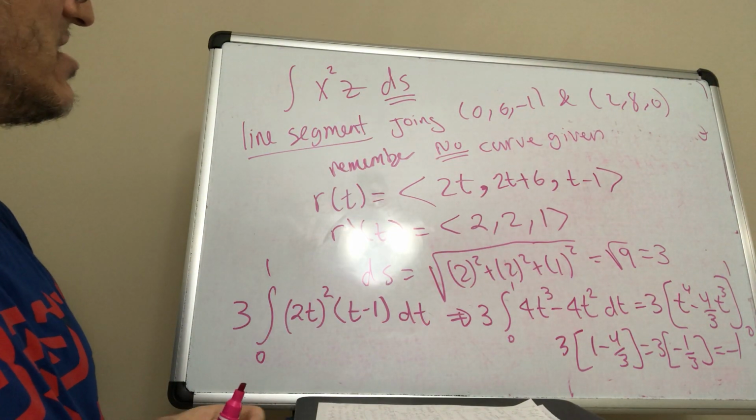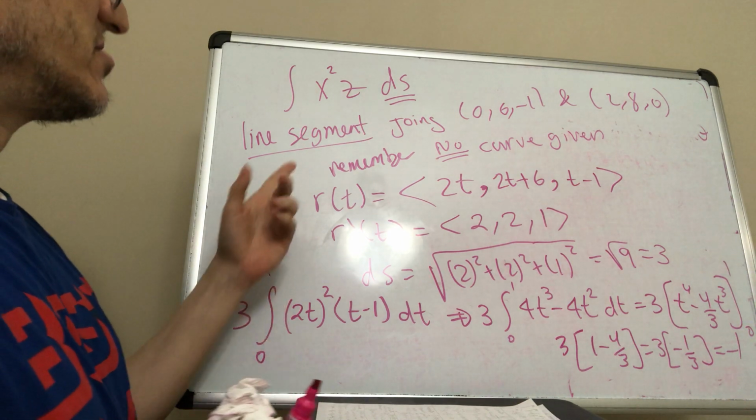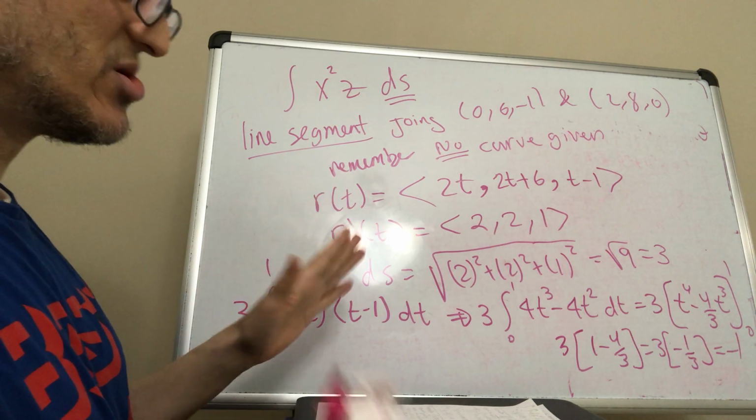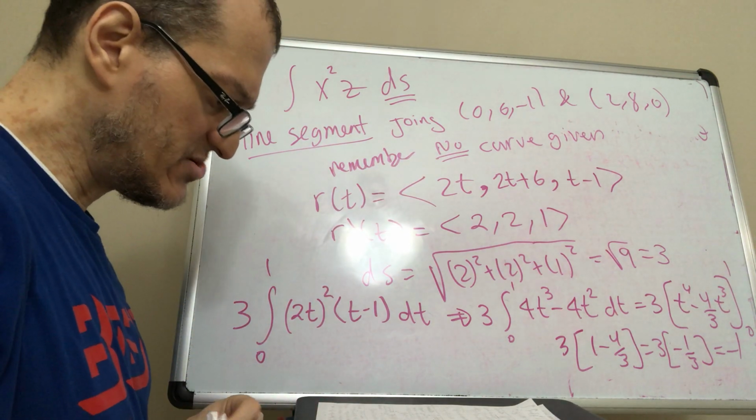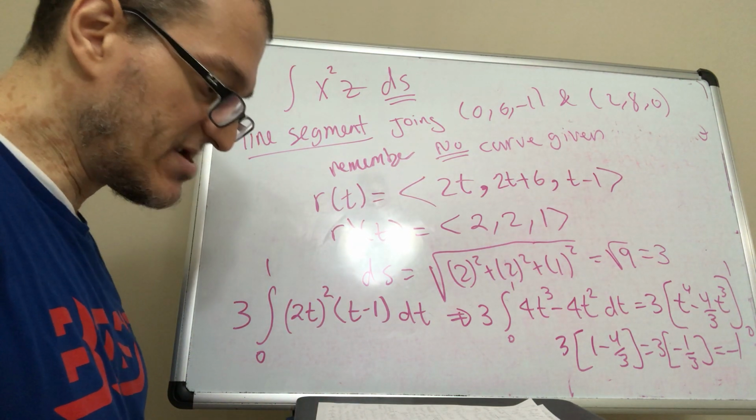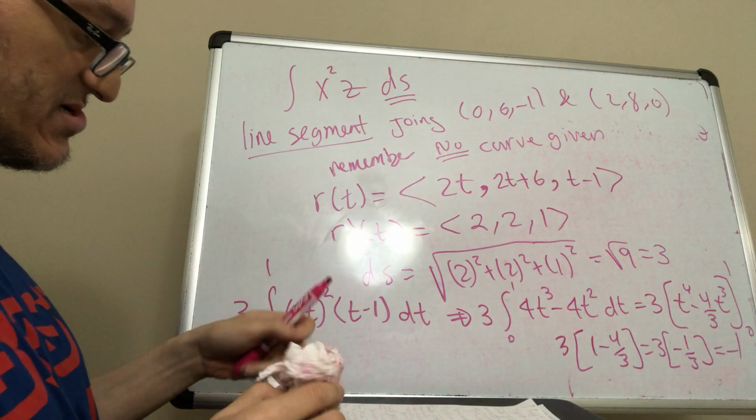So this is how to do the line segment when you're joining 2 points, but no curve given. So we'll do another one, but now a curve is given, which is the next one.